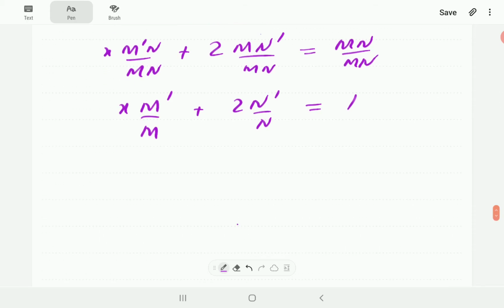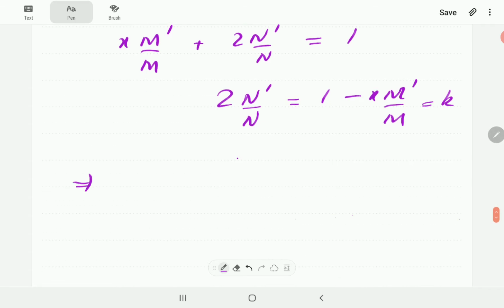Then this one is a function of x only, and this one a function of y only. This one is a constant, so we can match it with any of these two. So we are going to take the function of x to the right hand side. So this is now entirely a function of y, and the other is a function of x, so that means this must be equal to a constant.